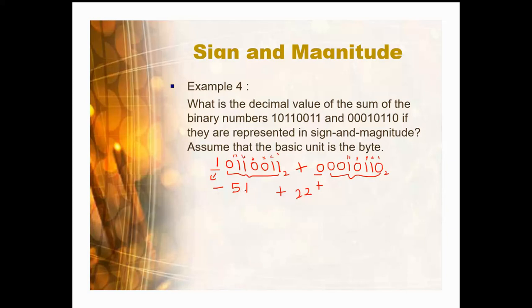So, you kena tolak lah. So, jawapan dia akan jadi negatif. Okay, 51 tolak 22 adalah, tolak lah macam biasa. Tolak 22 lah. So, it should be 29. Dalam decimal.